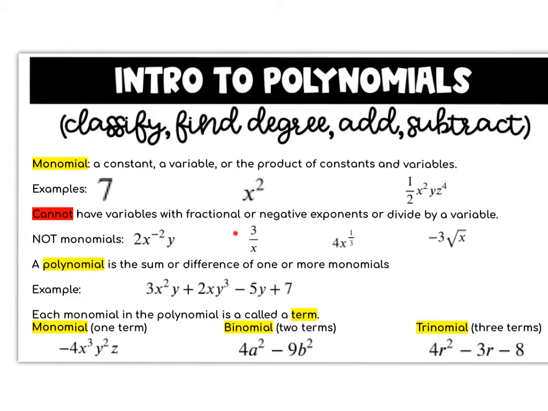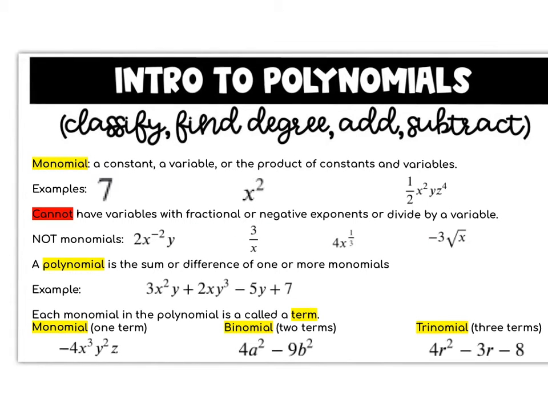So this and this mean the same thing. 4x to the 1/3. We have not talked about fractional exponents. Fractional exponents have to do with roots. So this would be like the cube root of x. That's not allowed for it to be a monomial. And then here, negative 3 times the square root of x, that would be x to the 1/2. So that's a fractional exponent. That's not allowed, okay? So it can't look like any of these things.